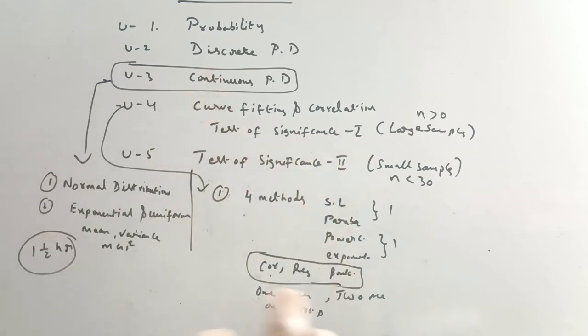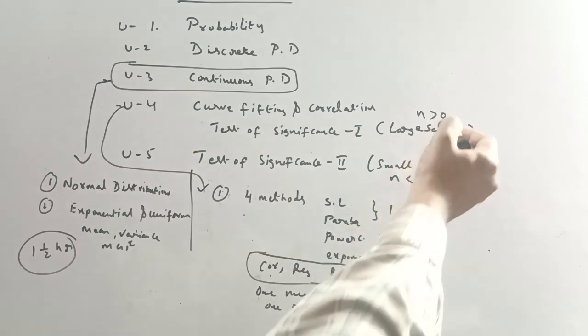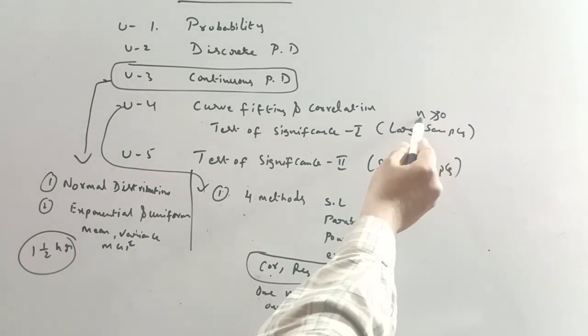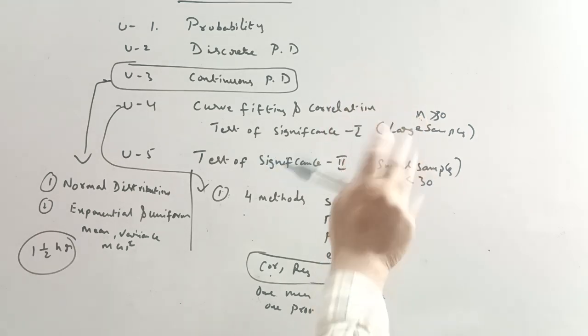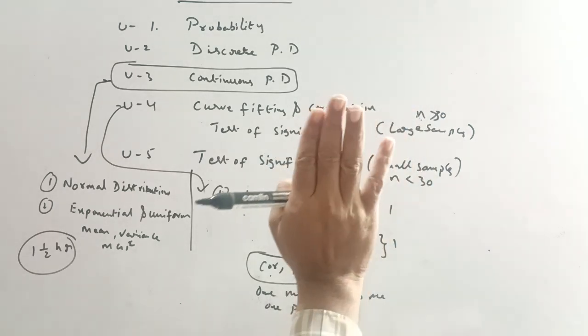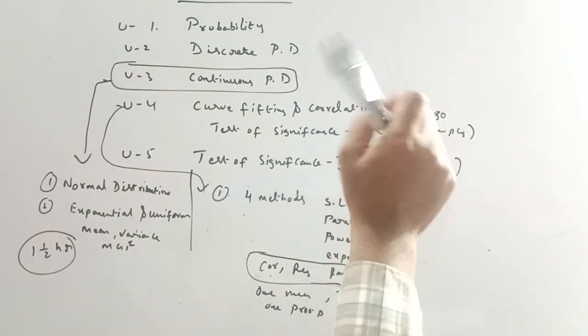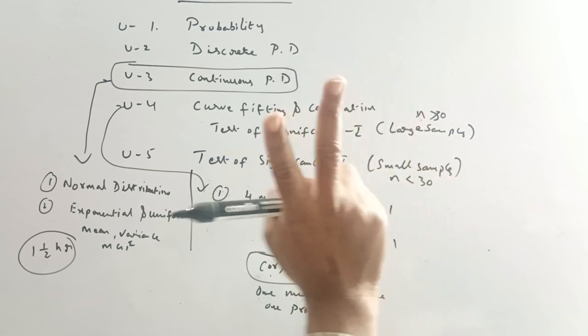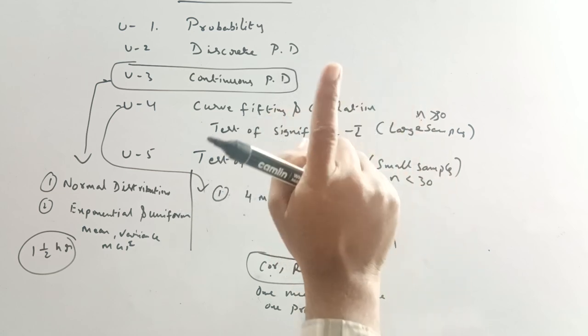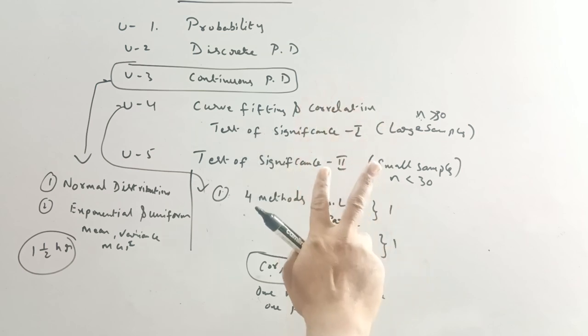Many students ask how to identify which test. Clearly I told you, when n is greater than 30, it will come in unit 4, sample size. If one mean is given, it is a one mean problem; if two means are given, two means; one proportion, or two proportions.